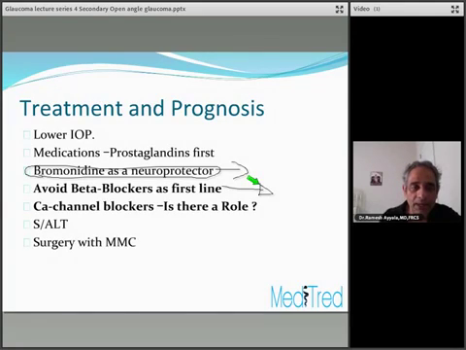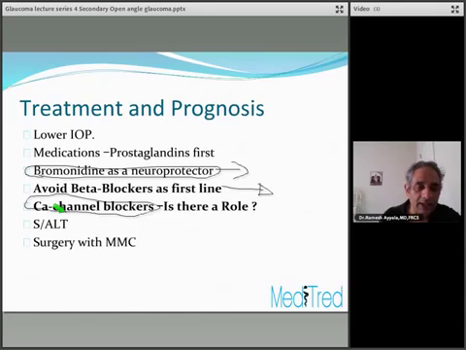And so I myself have quit trying these because of the systemic side effects. It's something for you to think about in an isolated patient where you did reduce intraocular pressure by 30%, and in spite of that, these patients continue to lose vision. Something that you can think about.